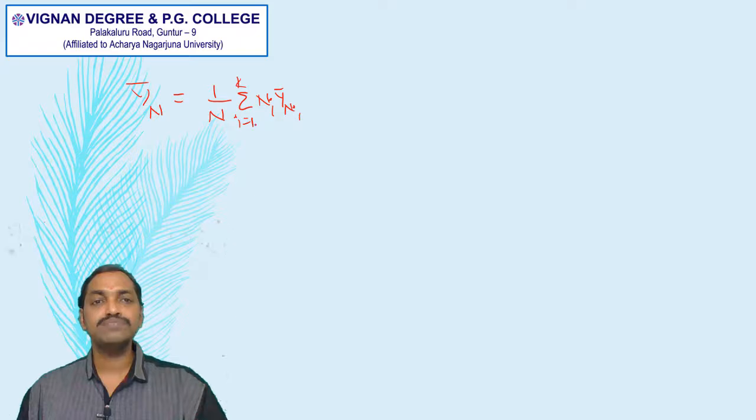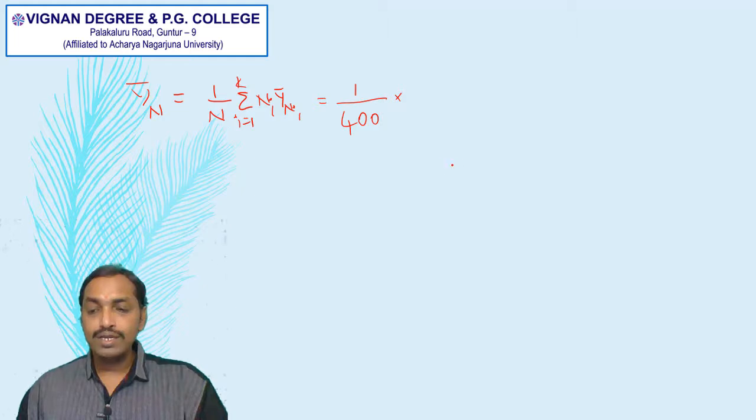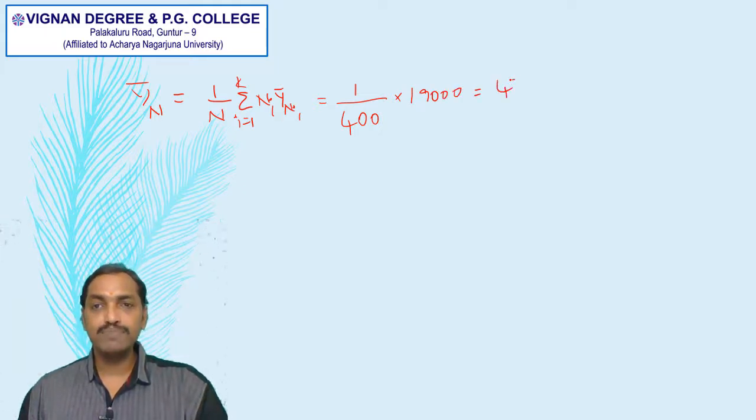In stratified random sampling, the overall population mean formula is given like this: 1 by capital N into summation i equal to 1 to K capital Ni into Y N i bar, which is equal to 1 divided by 400, capital N is 400, into the sum of Ni into Y N i bar, which from the previous table we got as 19,000. So, this gives me 47.5.